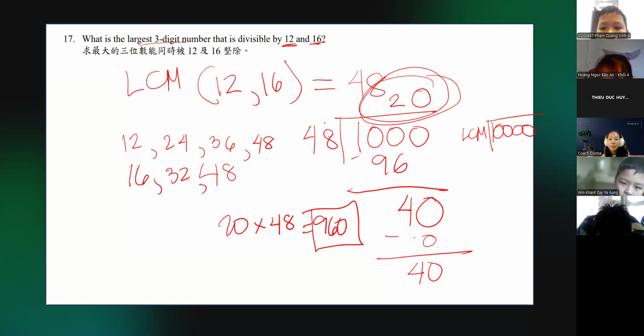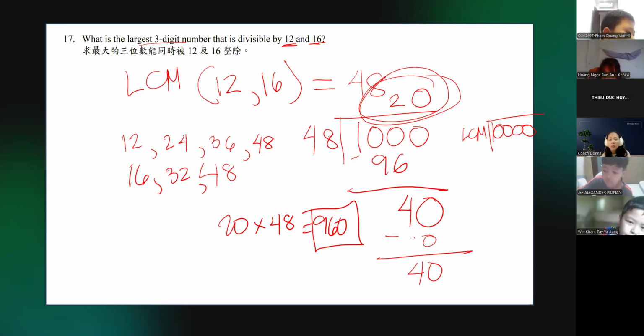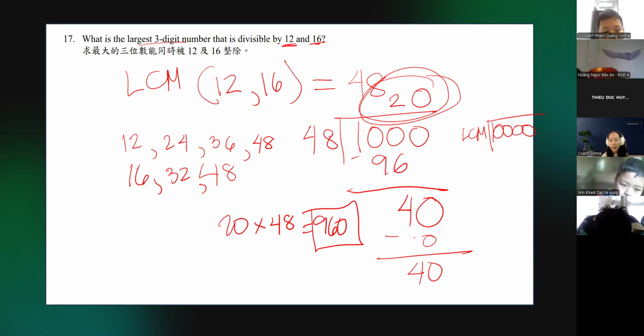I don't quite understand what you meant by that, Win. Wait, let's try to have one student at a time first, okay? Win, would you like to explain that more? Yes, first divide by any prime number that both of the numbers are divisible by. You meant you got the answer by doing that one? Yes.